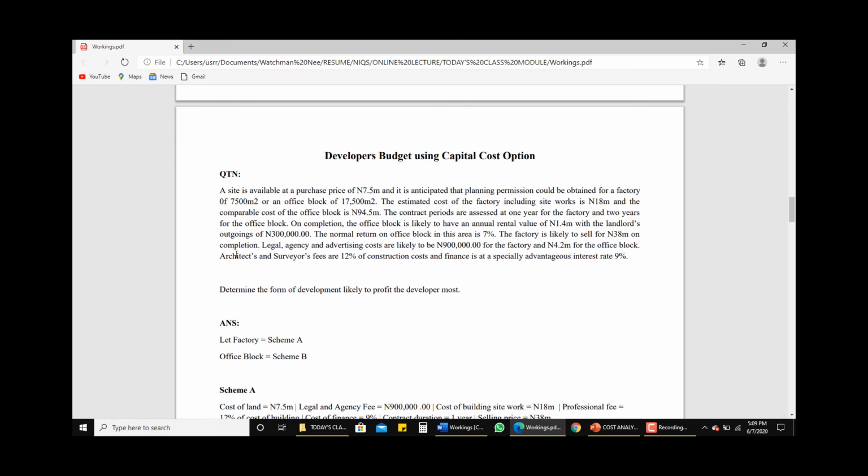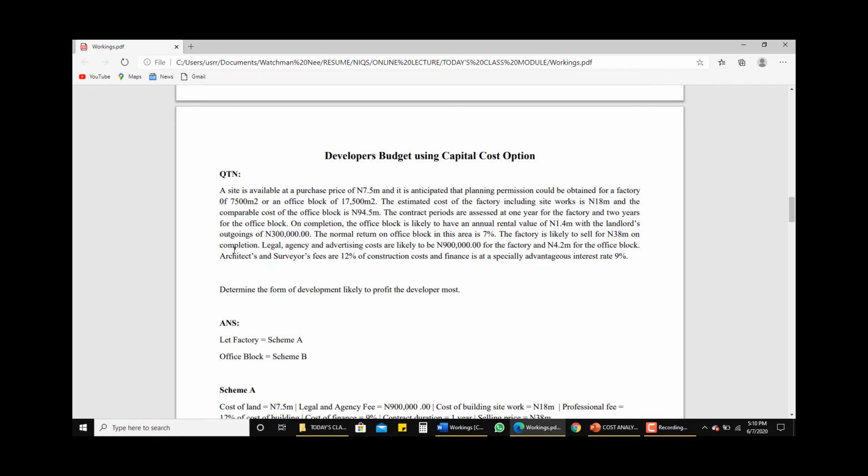With the landlord's outgoing, when I was talking about features of developers' budget, under investment cost variable, I said we are not going to be considering only the capital cost, but also the running cost. So the landlord's outgoing is a sort of running and periodic cost for repairs and replacement of some major parts of the building.